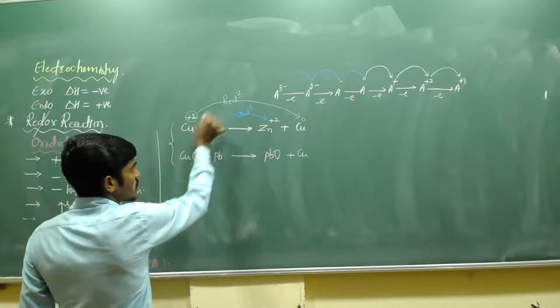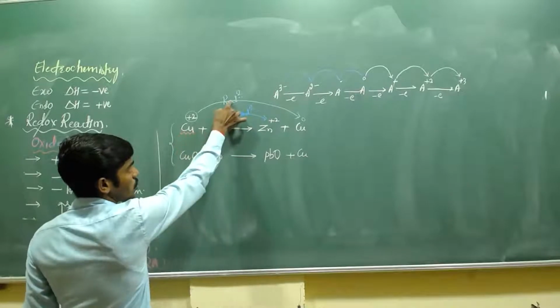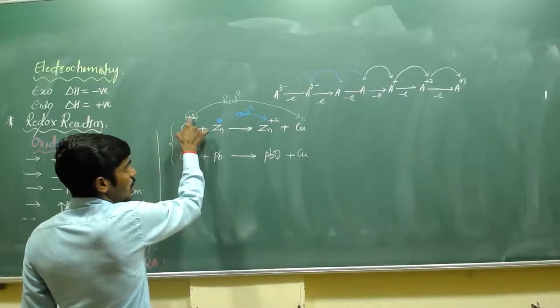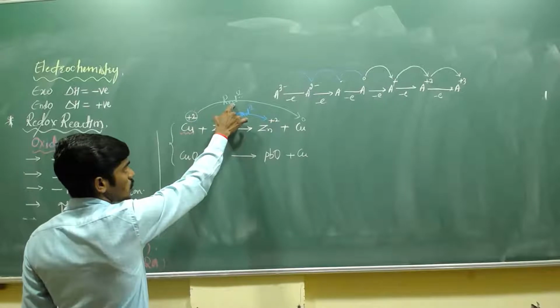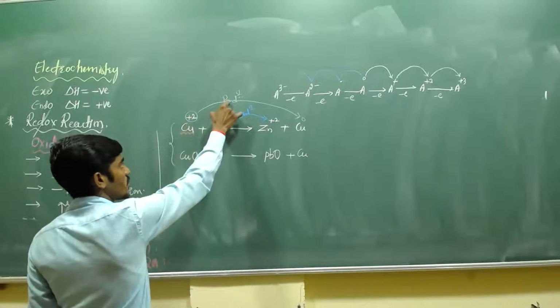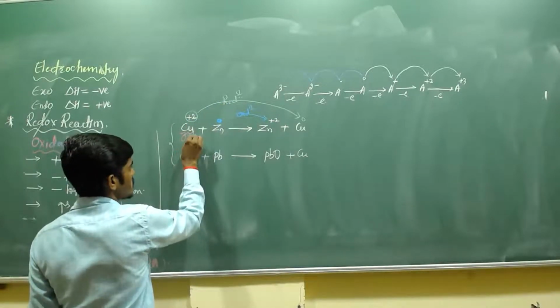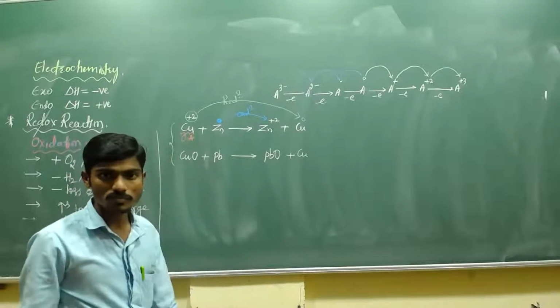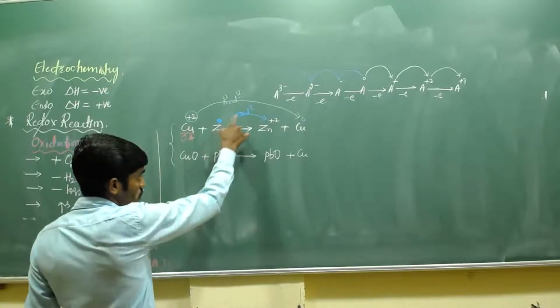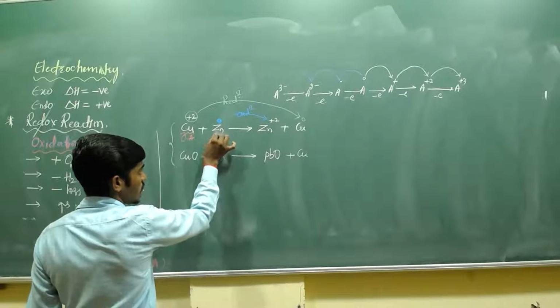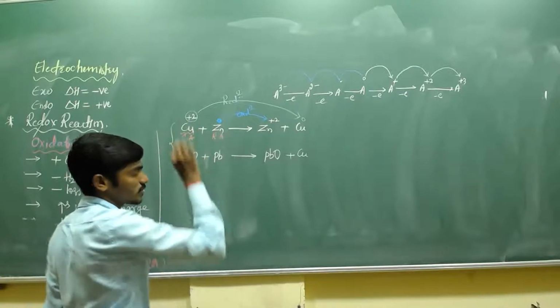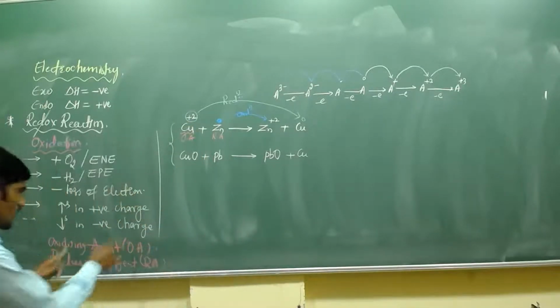So in this reaction, Cu2+ ion undergoes reduction. Since it undergoes reduction, it is an oxidizing agent. The substance which undergoes oxidation is called a reducing agent. I think the definitions are clear.